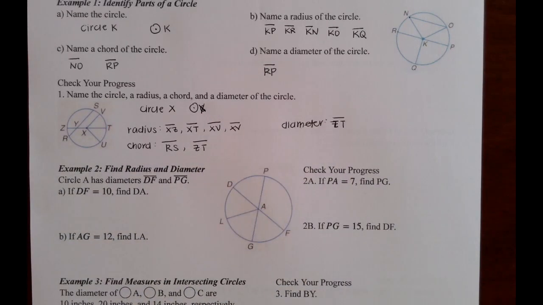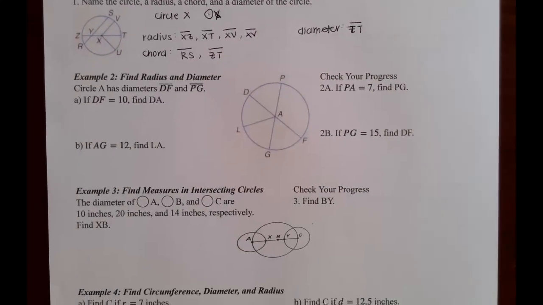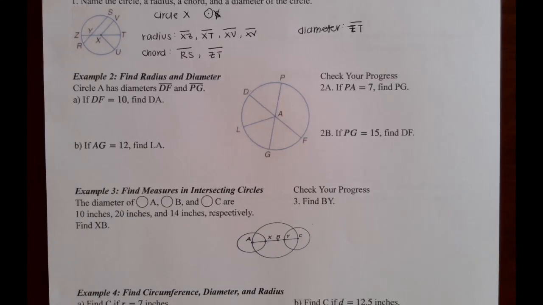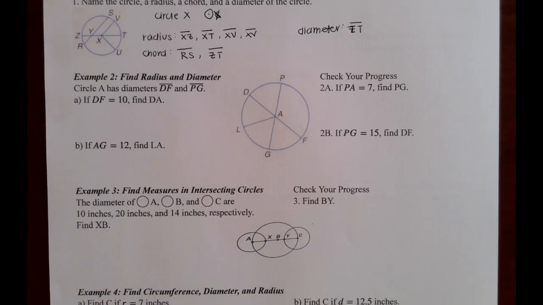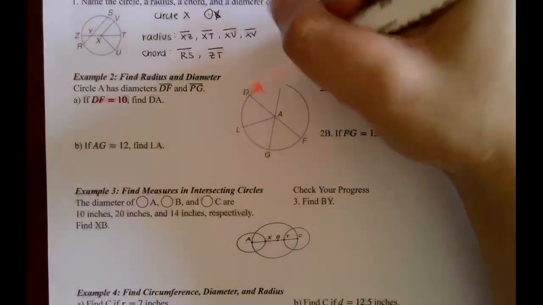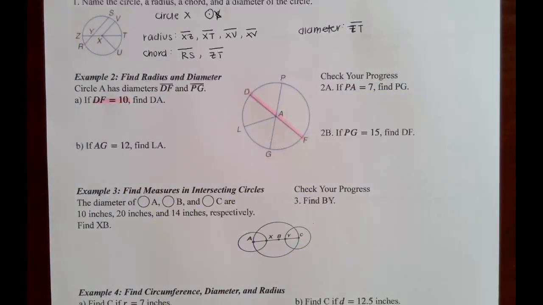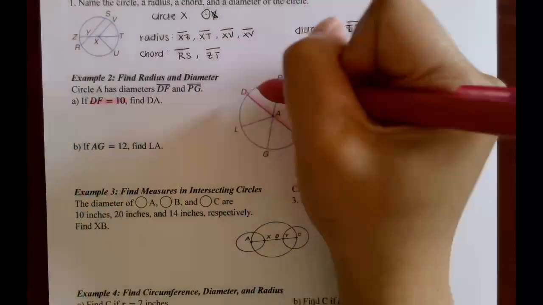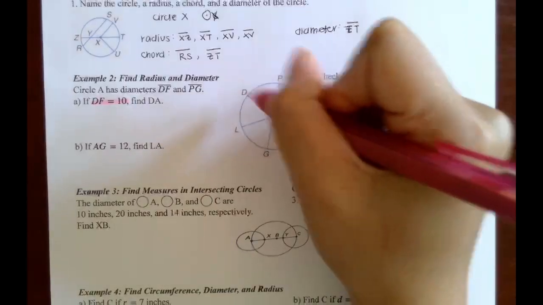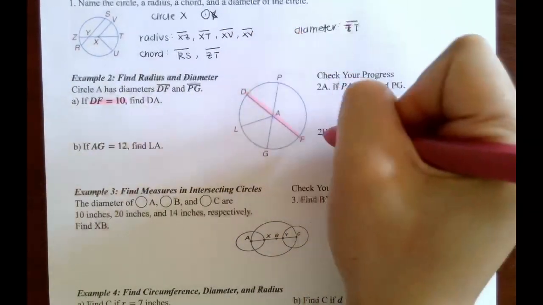The next part is finding the radius and the diameter. Here I'm going to write it on my picture. It asks me if DF is 10, so if this whole thing is 10, I want to know what DA is. What we know is that 2 of our radii equal our diameter.